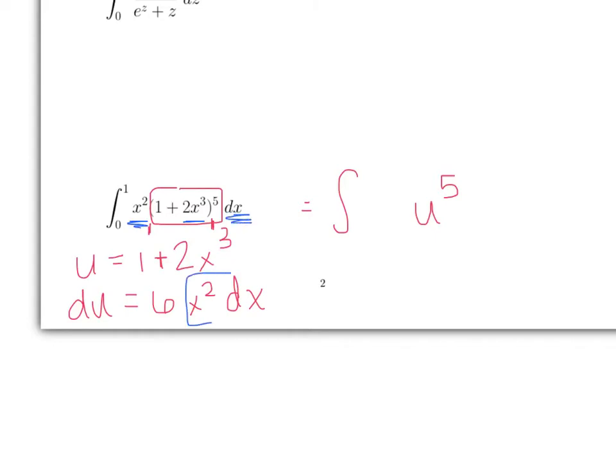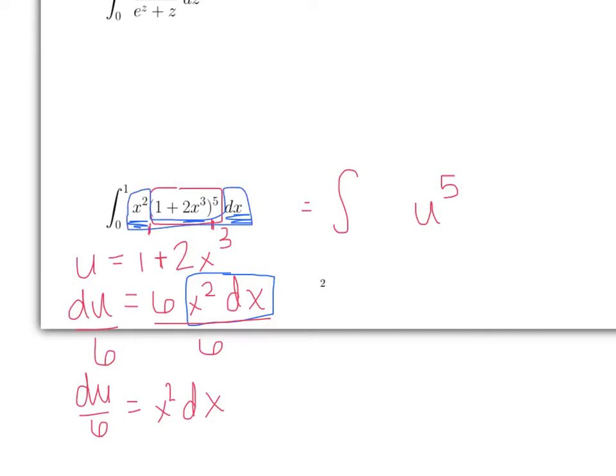So x squared dx is what we need to solve for here. And so what we really need to do is divide both sides by 6. And so that says du over 6 is x squared dx. And that's what's left over in our integral. So that's what we're going to put here. So that's du over 6.